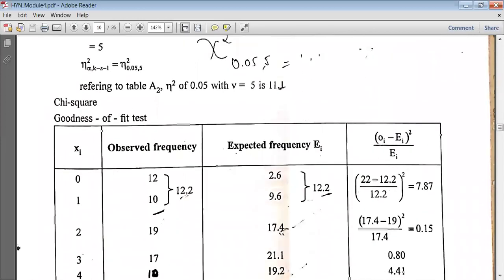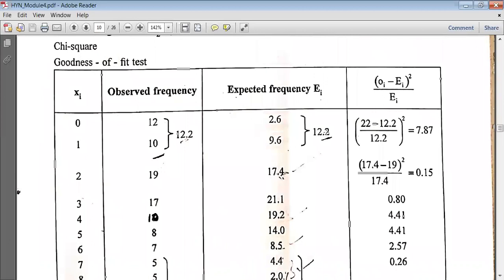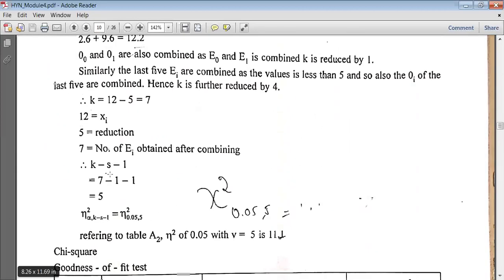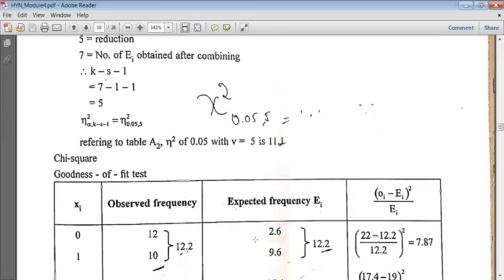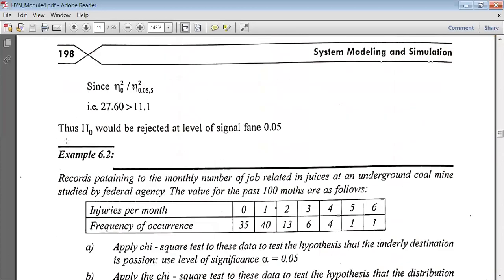K is the number of EI values you have got. So the number of EI values is 1, 2, 3, 4, 5, 6 and totally 7. So 7 minus, always yes, that is the hypothesized distribution, you will take it as 1. So 7 minus 1 minus 1, so 7 minus 2, you will get 5. That means I have to accept it with the value of 5. So chi naught square of 0.05 comma 5, you will get 11.1.